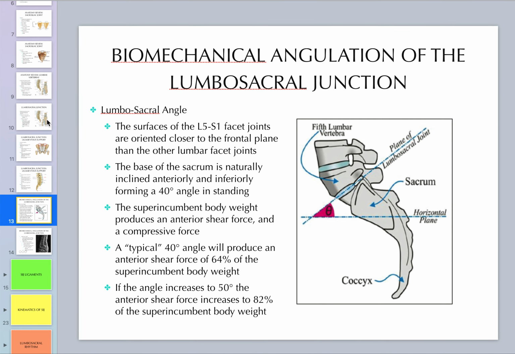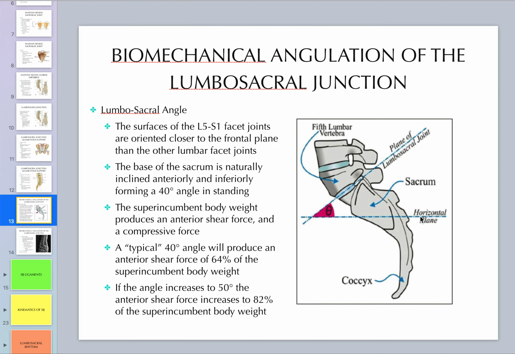So the lumbosacral angle is something that I mentioned in class, and I mentioned spondylolisthesis in class as well, but we're going to go over it again just to make sure that you guys have the slides. The lumbosacral angle is the articulation between L5 and S1, and the angle that's created between the two vertebrae. You can see there's a certain calculation that you have to do in order to calculate the angle.